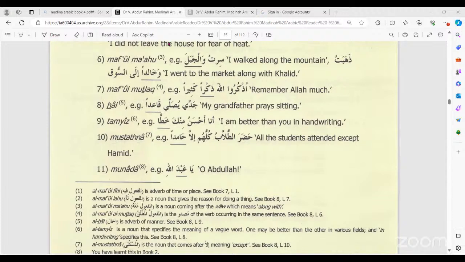This clarifies why I did this action. It just removes the ambiguity. This is called tamiz. Tamiz removes the ambiguity from the sentence.